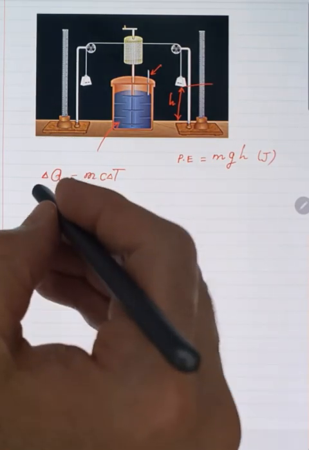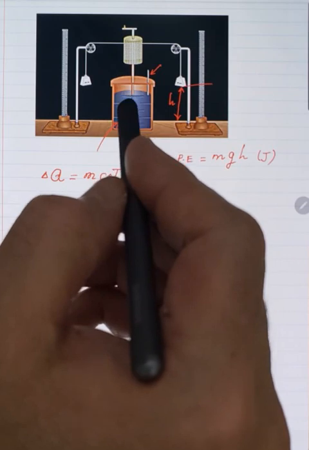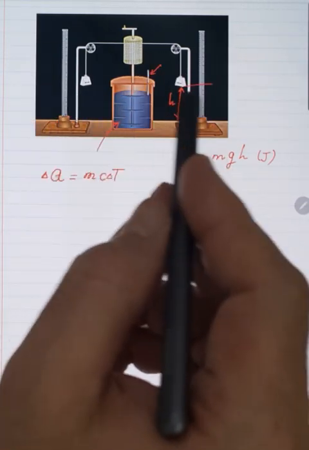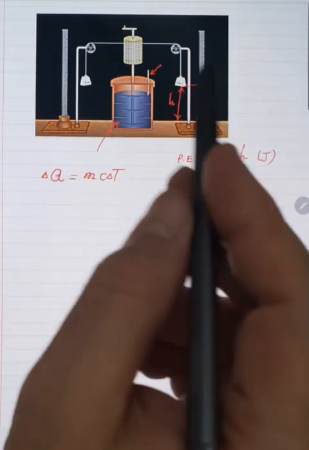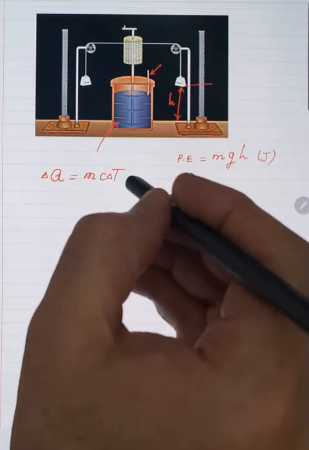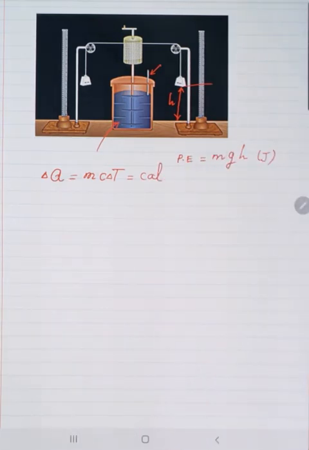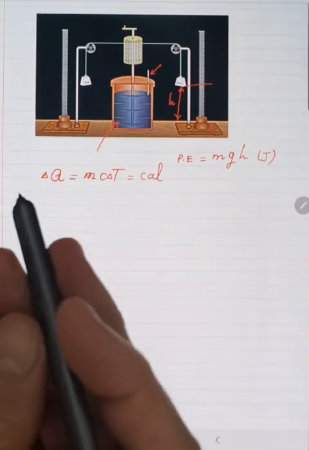And how about here? When this energy is transferred into the water by stirring or shaking the water, or making the water move, we can get our Q in calorie. So right away we can know the relation between calorie and joule.